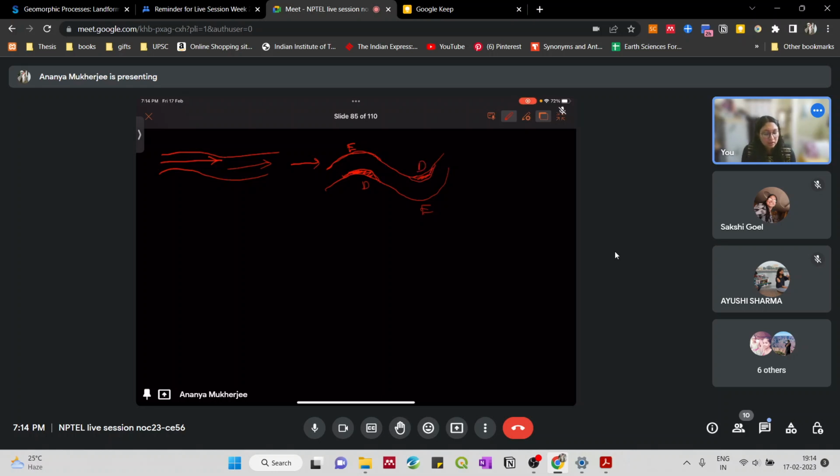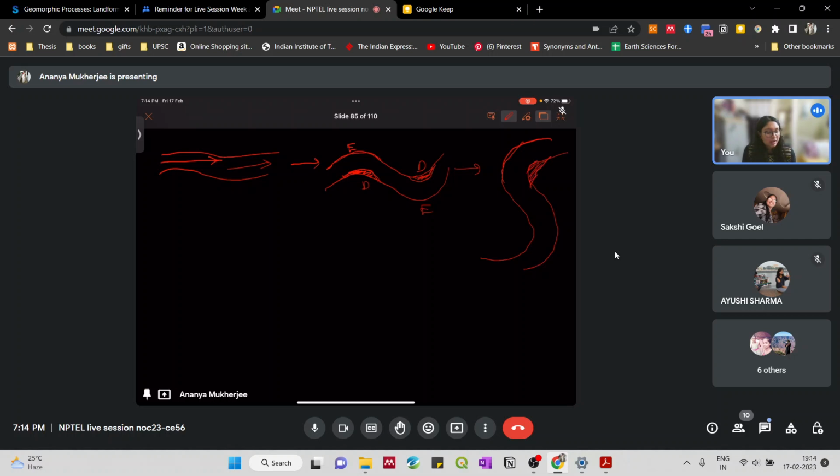Now with time, these deposits are going to increase. So how will this look then? It will start curving more. It will start depositing more over here.